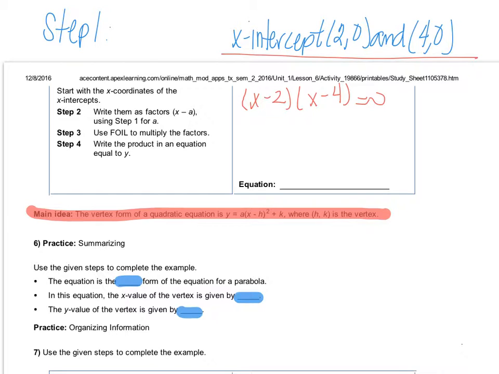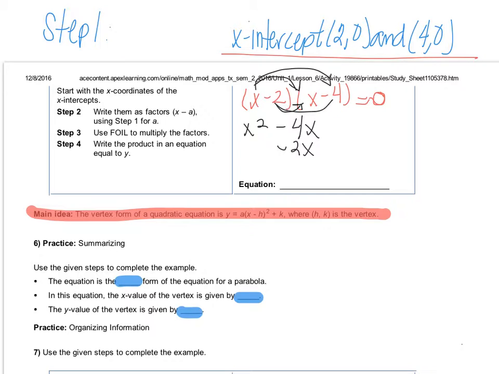I'm okay with using FOIL. Hope you are too. If not, there's another method that I can show you that may be a little bit more familiar, but we can go ahead and use FOIL. X times x is my first, so that's x squared. The outer, x times negative 4, is negative 4x. My inner, negative 2 times x, is negative 2x.